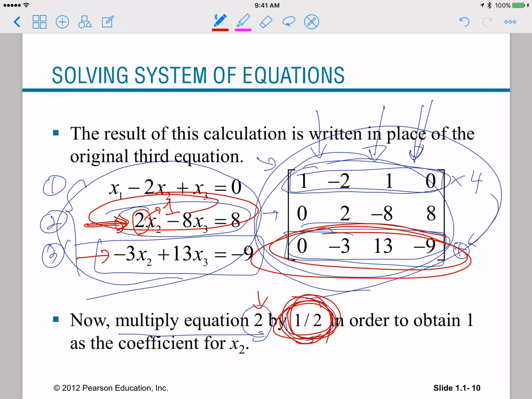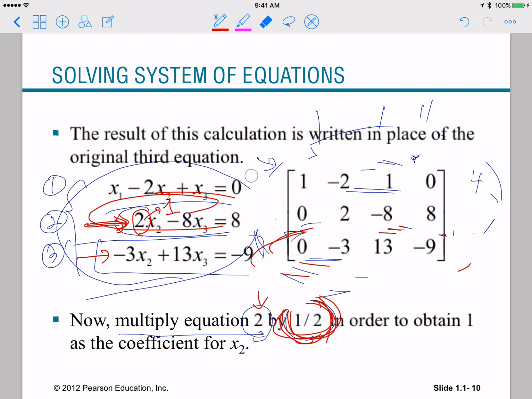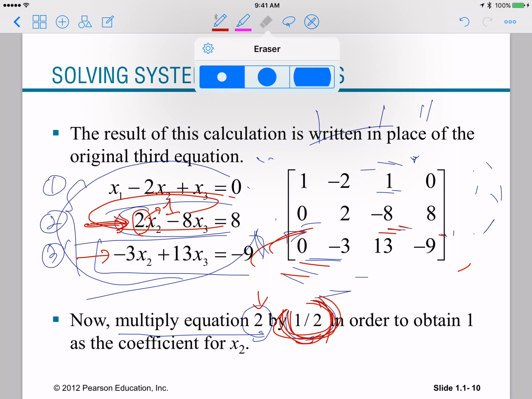And then there is a third type of operation that you have to remember. So we learned two different types of operation. One is a replacement, and the other is just a scaling of a particular equation. And the third operation is simply switching the order between the equations. That particular operation was not included here, but it's also a simple one.